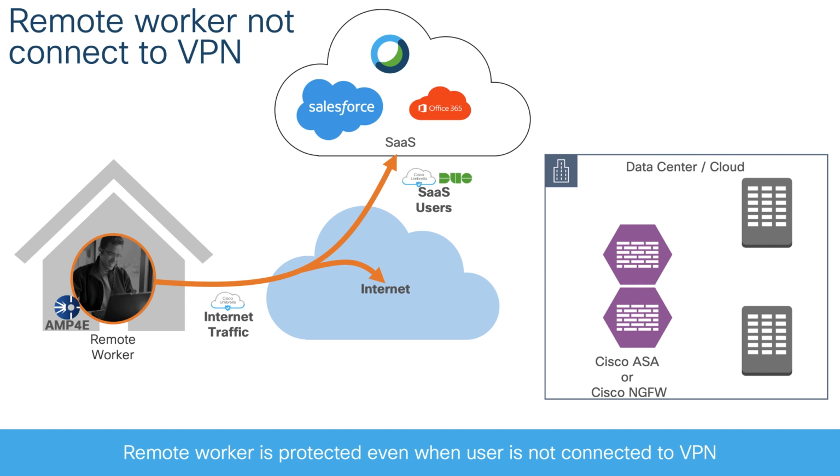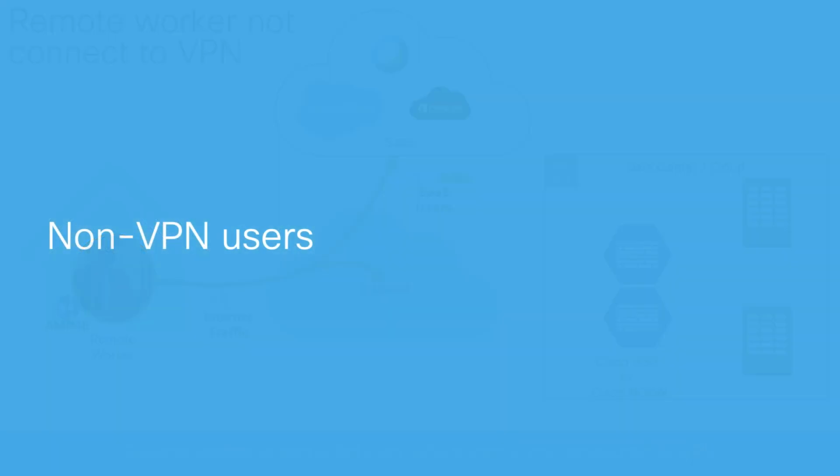Your DNS request will go to Umbrella, and Umbrella is going to define what traffic you should access and what should not be accessed. And if you try to download any file which is infected or a malware, AMP for Endpoint is going to be taking actions on that particular file.